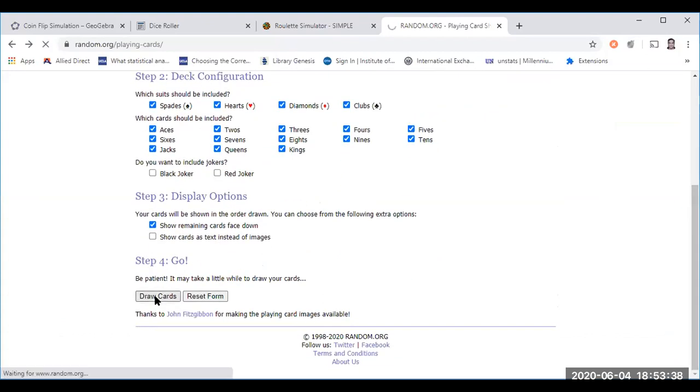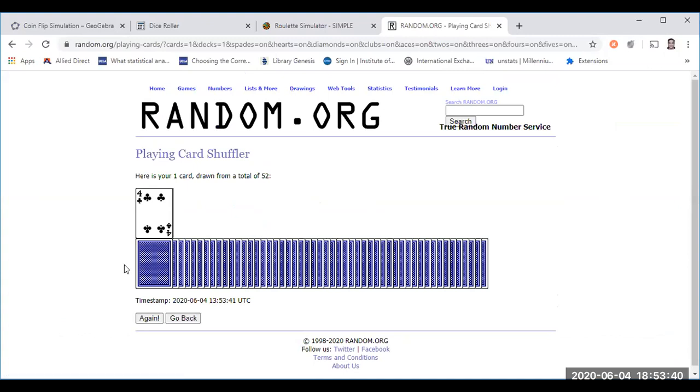Let's draw a card. It will draw out a random card, and you saw it's a black card. Now, what was the probability of a black card to come out? The total cards were 52. These cards are 13 of each suit, so 13 times 4 is 52. How many black cards were there?